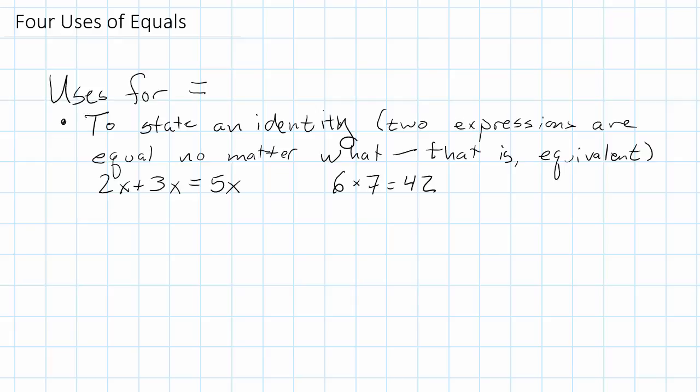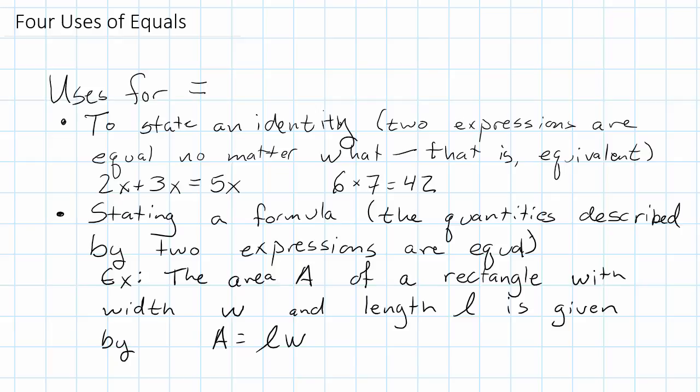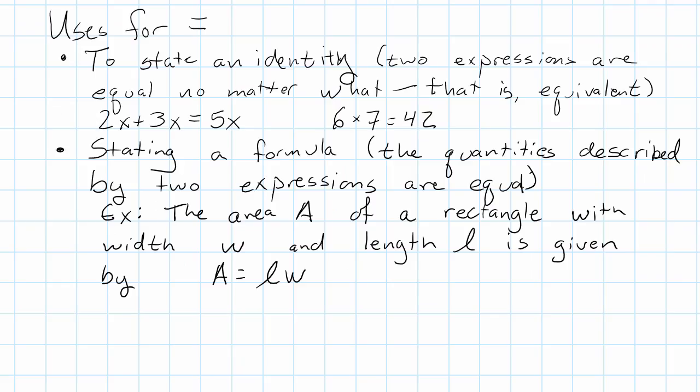The second use of the equals sign that we've met is in stating a formula. That is, telling us a fact about the world, that the quantities described by two expressions are equal. So, for example, the area of a rectangle with width W and length L is given by the formula A equals L times W. Now, obviously, it's not true that when I multiply any two numbers together, I get any particular third number.